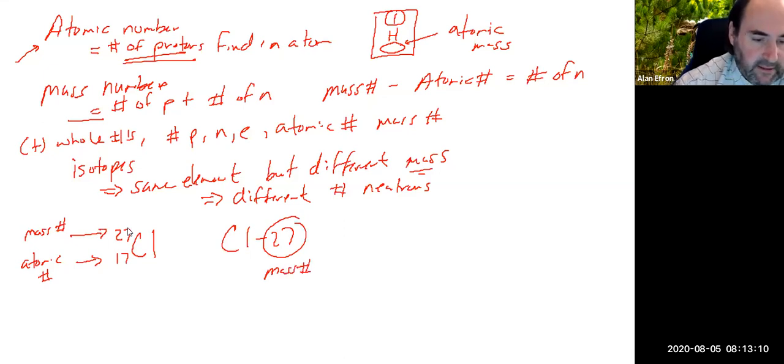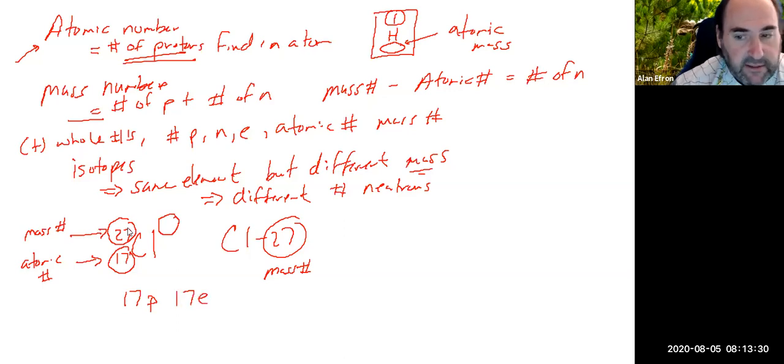But usually we do mass number top left, atomic number bottom left. From that, we know that in this case we would have 17 protons because of its atomic number. There is no charge here, so we also have 17 negative electrons to balance those out. And if we take 27 minus 17, our mass number minus our atomic number, we get 10 neutrons in this case.